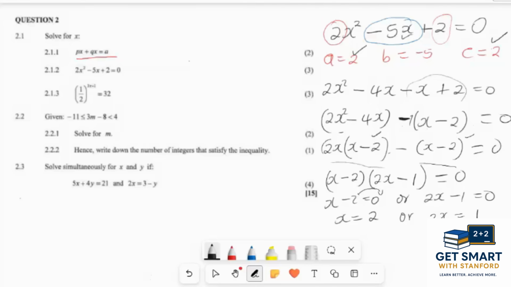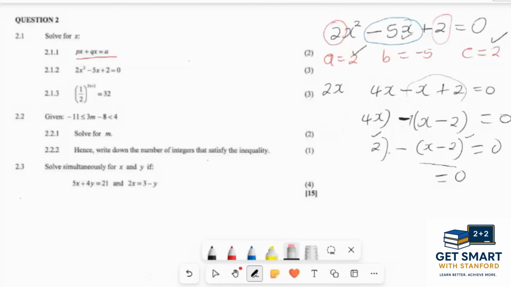Now we divide both sides by 2 in order to leave x on one side alone. These 2 will cancel, and our x equals 1/2, or half. So that's how easy this question can be solved. Now we're going to look into the next one.